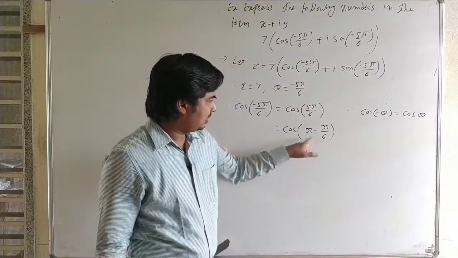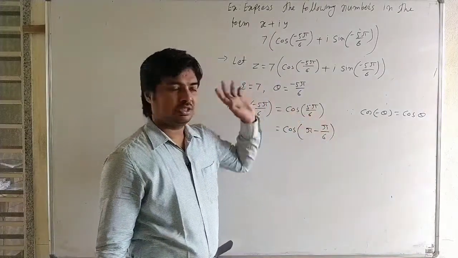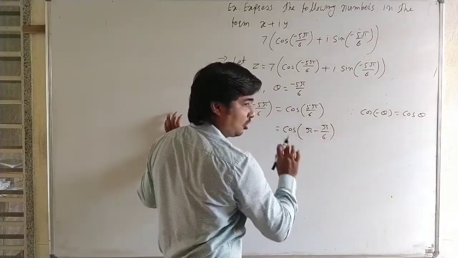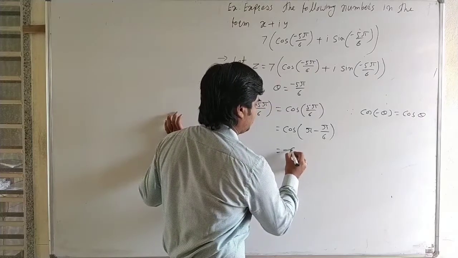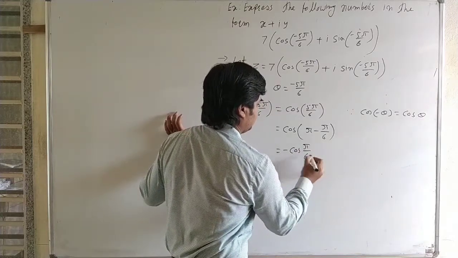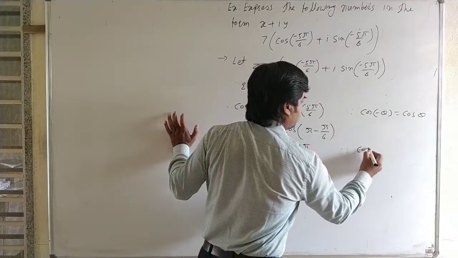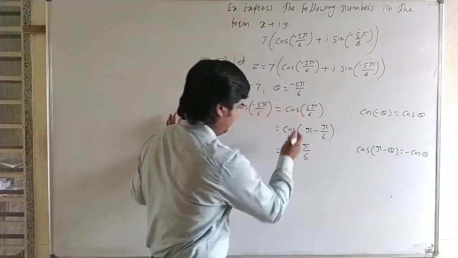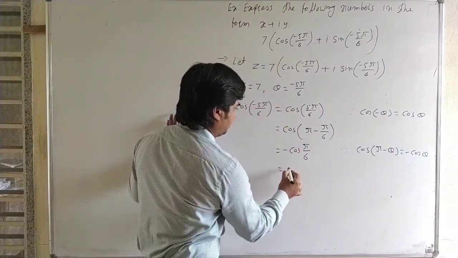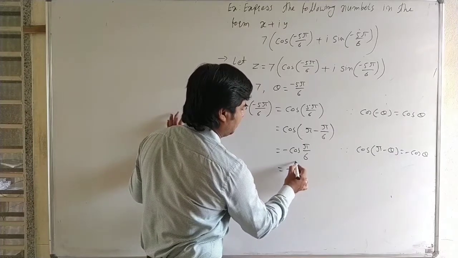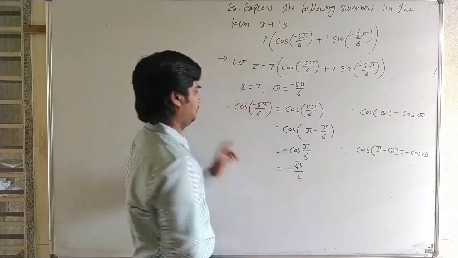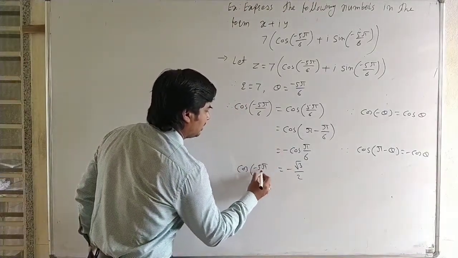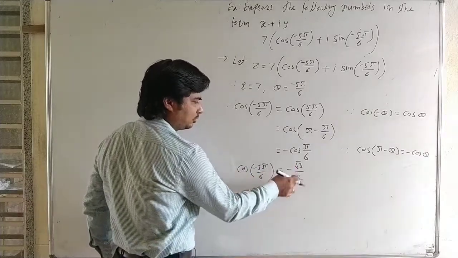Again here cos pi minus theta is equal to minus cos theta. Therefore it is minus cos pi by 6, which is minus root 3 by 2. Therefore cos minus 5 pi by 6 is equal to minus root 3 by 2.